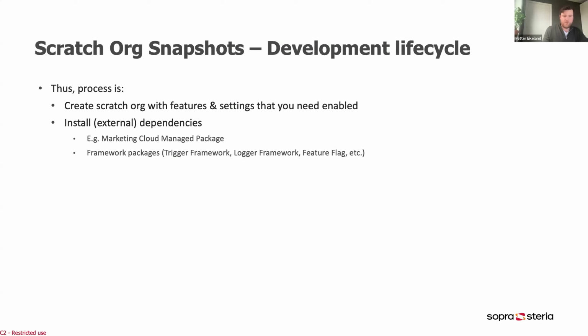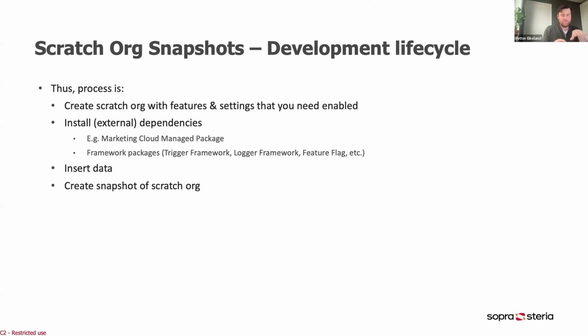So for example, the Marketing Cloud managed package, or external framework packages like the Trigger Actions framework or the Nebula Logger framework or a Feature Flag framework. And then you insert the data because all of these can be copied. So if this is an initial empty Scratch org, you fill it up with your base dependencies, your base data, features, and settings. And now, once you have done this, you don't have to do it again.